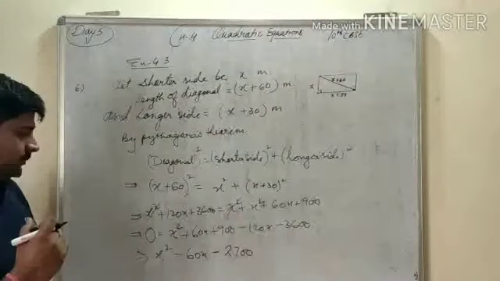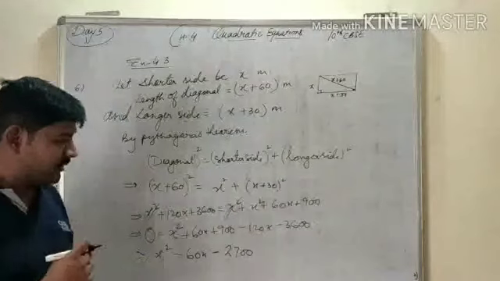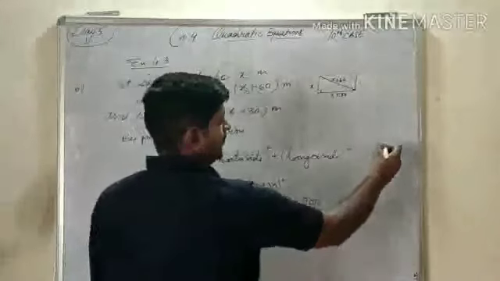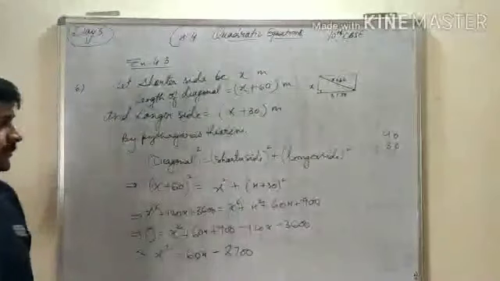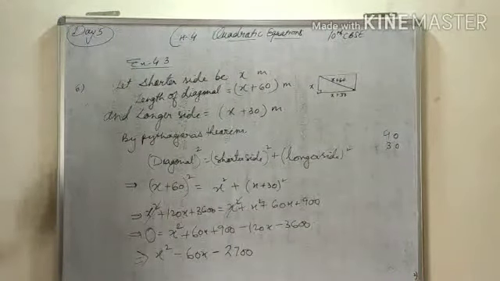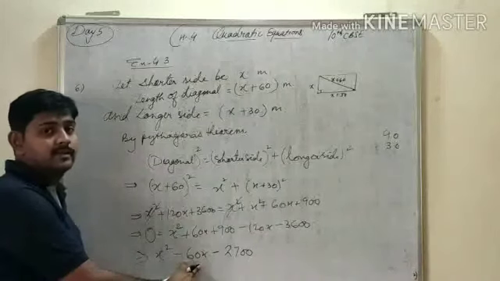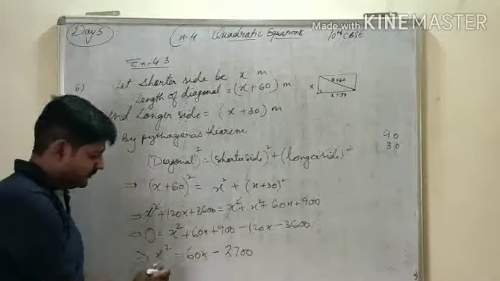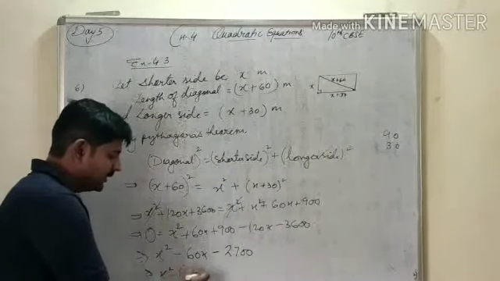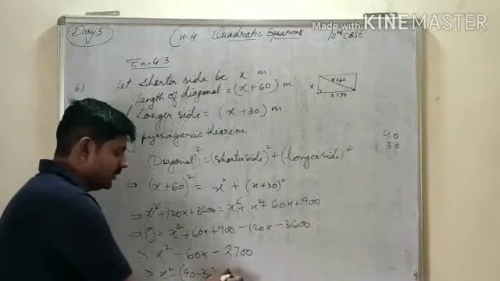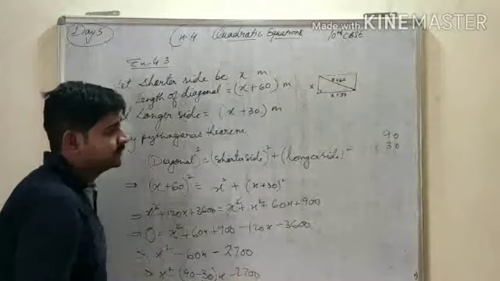We need to factorize 2700. We can say 90 and 30: their product is 2700, and if you subtract 90 minus 30, there will be 60. So I will write this form: x square minus 90x plus 30x minus 2700 equals 0.